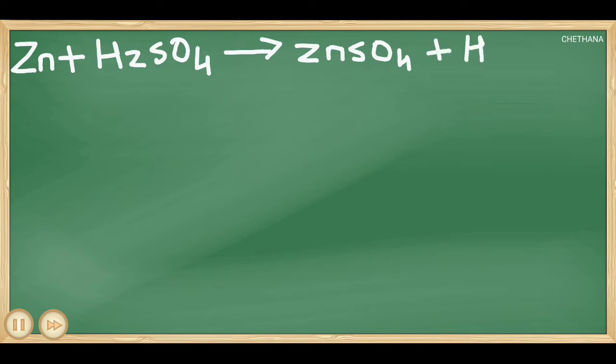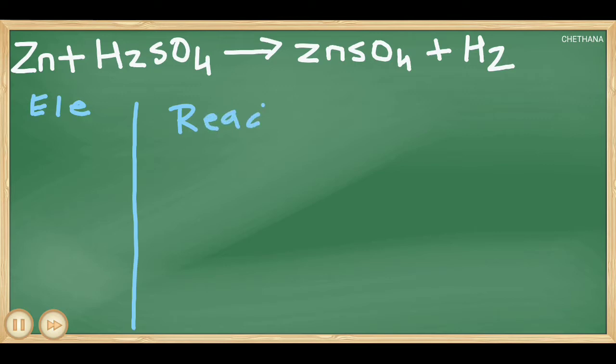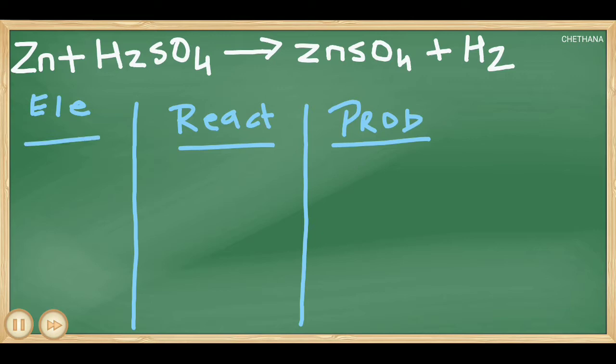So now let's start off with a simple table which consists of 3 columns, that is the elements, reactants and products. So now this will contain every element and the number of atoms. So we have zinc, hydrogen, sulfur and oxygen.